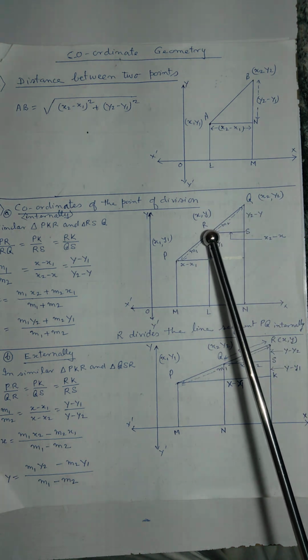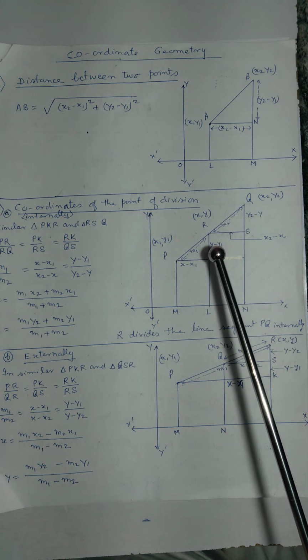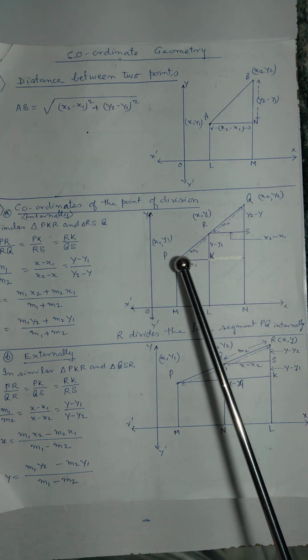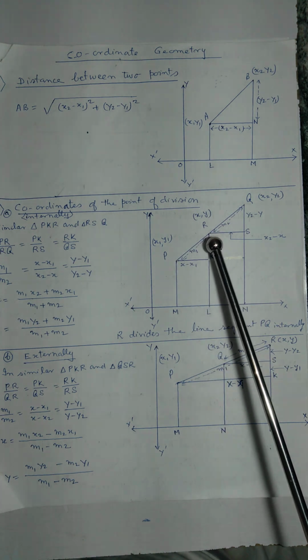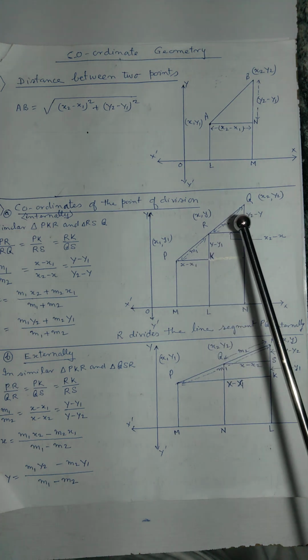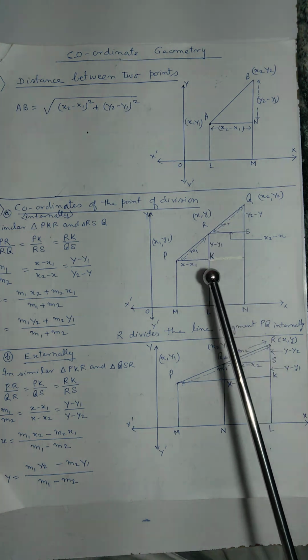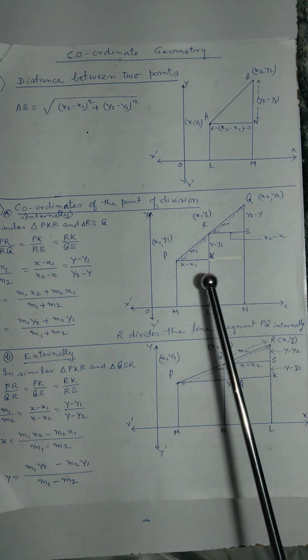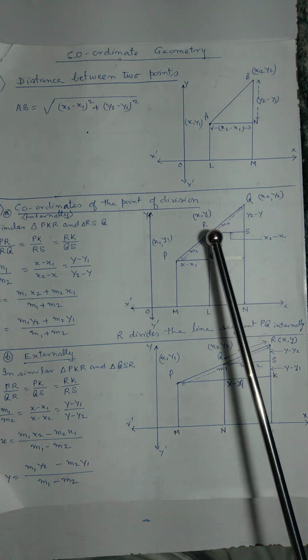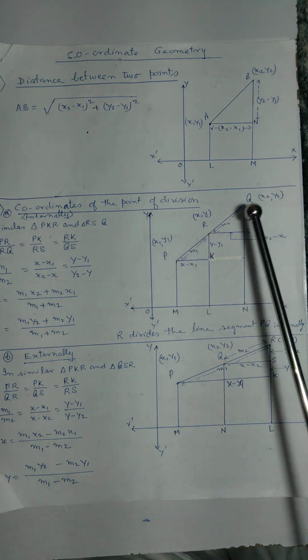The point R divides PQ into two parts such that PR and RQ are in the ratio of m1 and m2. So in that case, how are we going to find the coordinates of the point R with the help of the coordinates of points P and Q.